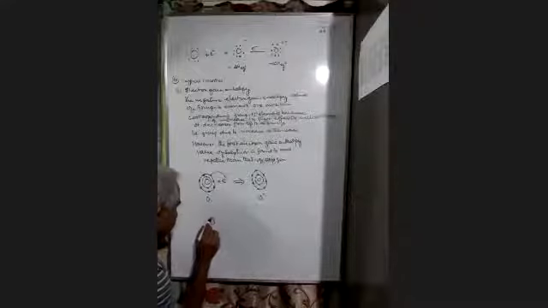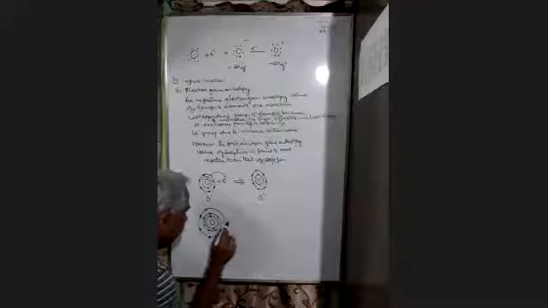See here, sulfur. Sulfur has one extra shell. So I'll put here 3, 4, 5, 6, 7, and this is the other one, 1, 2, 3, 4, 5, 6. I have to add an electron.